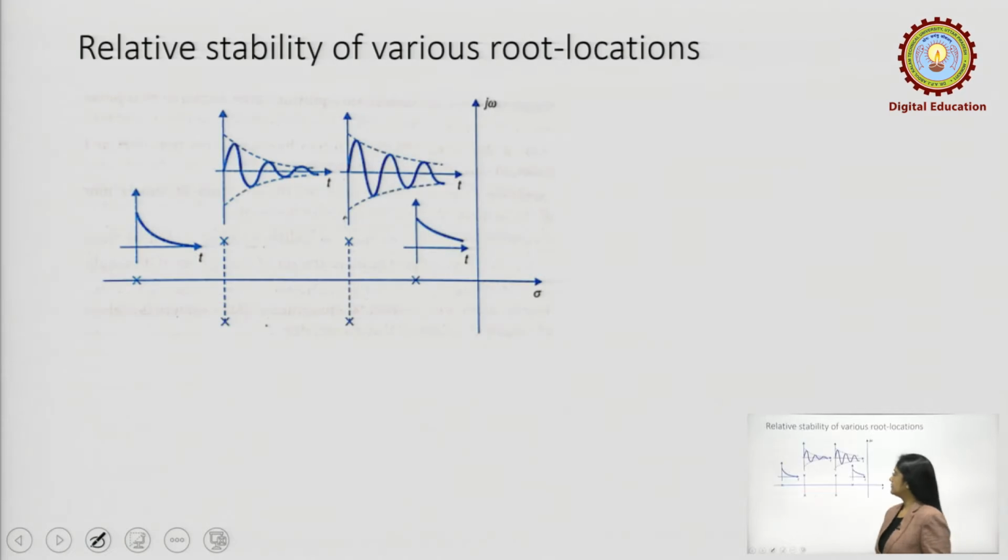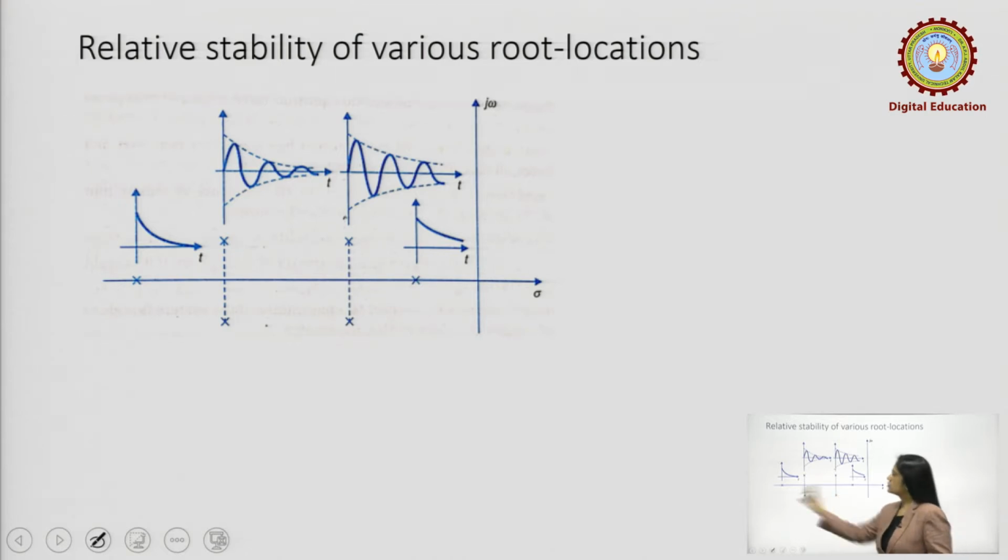Now, this graph depicts the root locations on the left half of the S plane. As the roots move farther away from the imaginary axis on the left half of the S plane, we can see that the transients die out more quickly than for the roots which are closer to the imaginary axis.